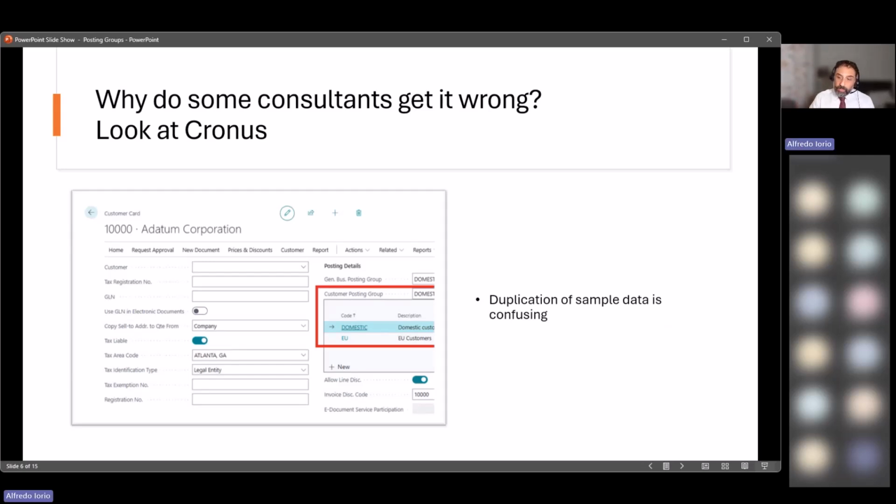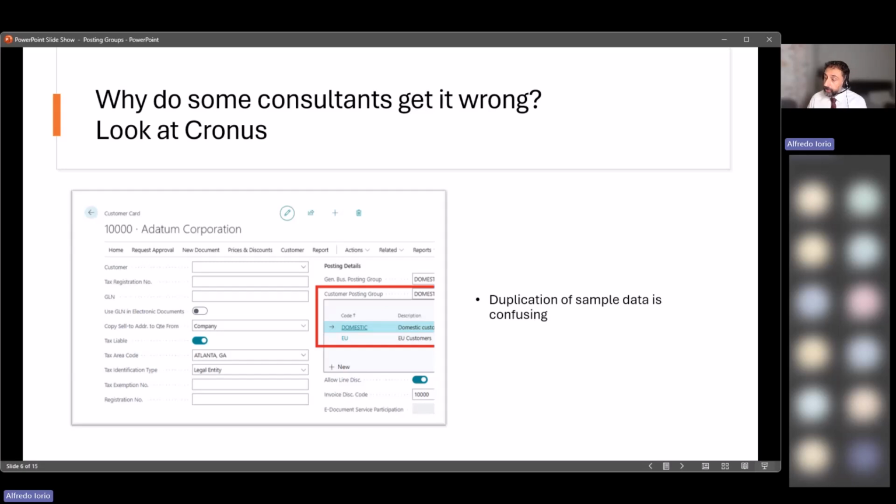The sample data in Cronus is also misleading because there is some duplication of data. You can see there is a customer posting group here. And by the way, this is a US company, which you can understand that having a domestic customer and EU customers for customer posting groups doesn't make sense in a US company, because why would you segregate the balance sheet in terms of accounts receivable by customer type?